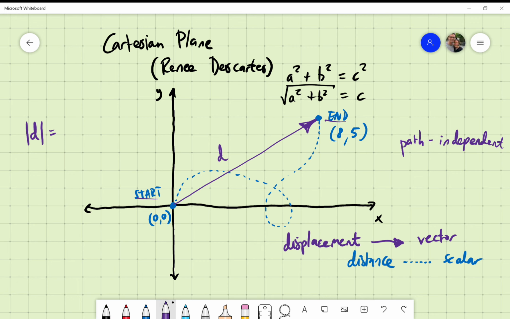So if I want to know what is the absolute value of this particular displacement vector, it's going to be the square root of 8 squared plus 5 squared. The horizontalness of the vector and the verticalness of the vector, we run those through the Pythagorean theorem, and that gives us the length of it.